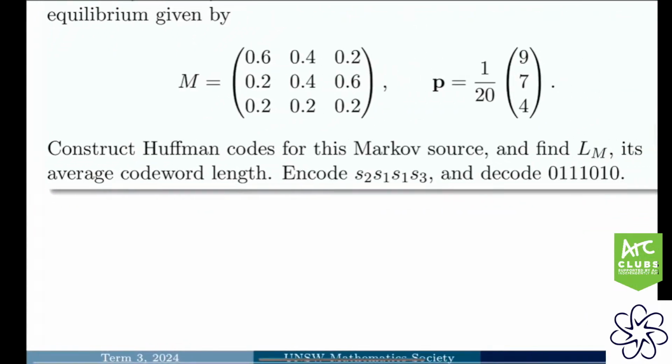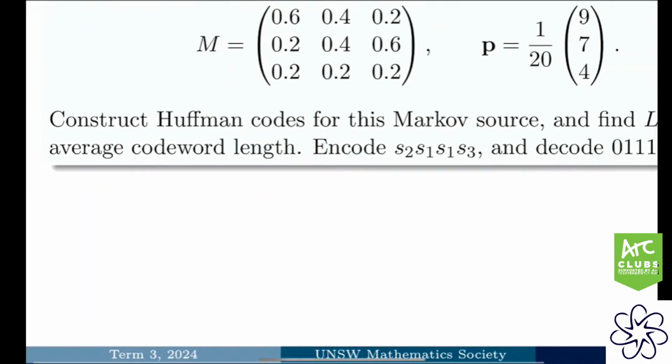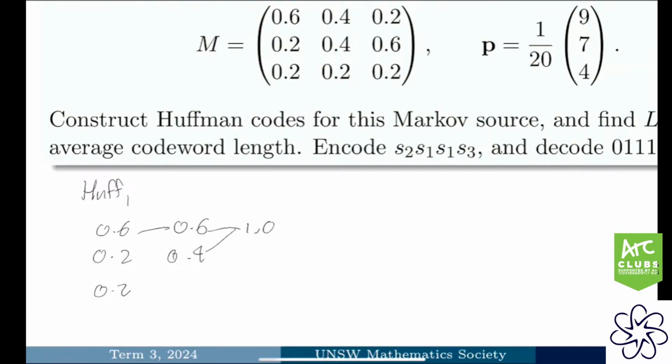So here, what do we have? I'm going to use a different color, and make it smaller because I need to zoom in a little bit. I am actually going to calculate the Huffman algorithm for each and every one of these, because I think it is good to do. So Huff 1 is going to be 0.6, 0.2, 0.2, this is going to go to 0.6, 0.4, and this is going to go to 1.0.